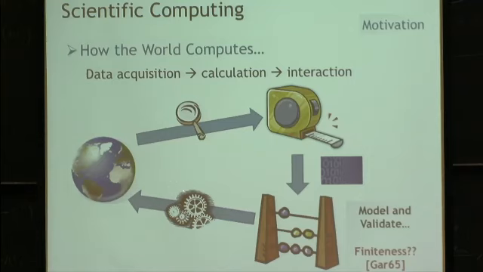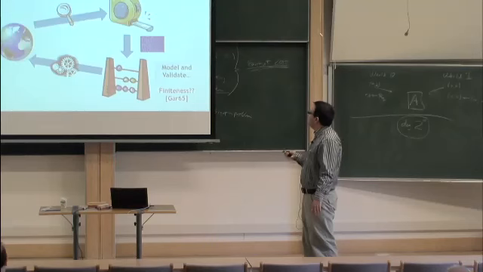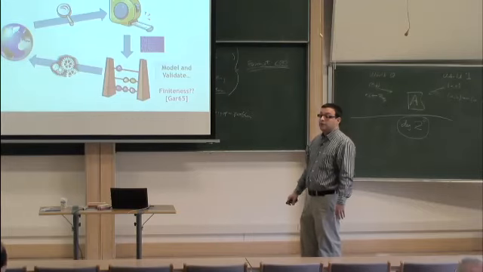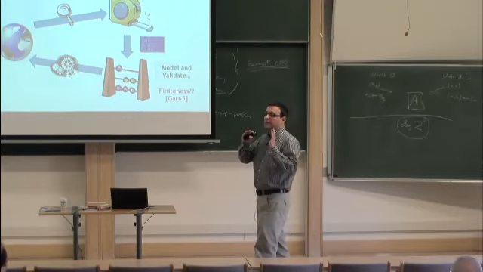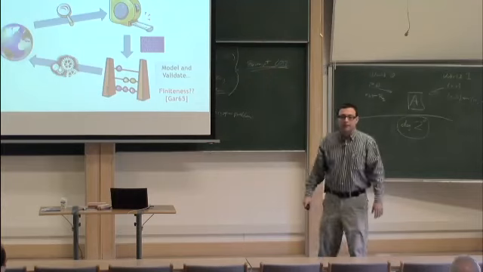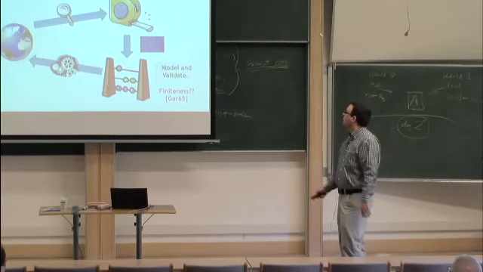Or maybe we just check if our model is valid or not. Then here we have the idea of finiteness of computers, which somehow puts some barriers on what we can do with today's digital computers. Okay?